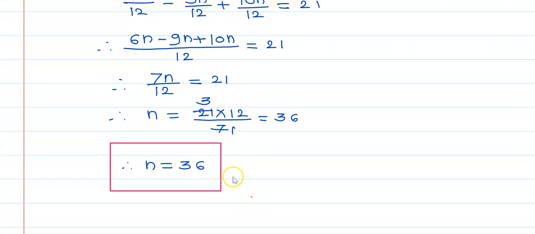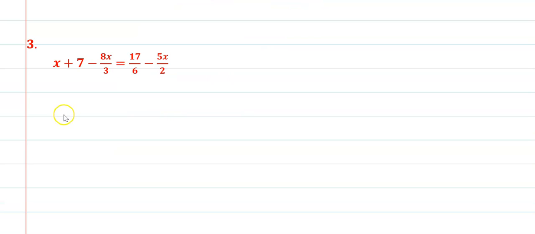That n is equal to 36. Now the next example: x plus 7 minus 8x upon 3 plus 17 upon 6 minus 5x upon 2. Now the solution.